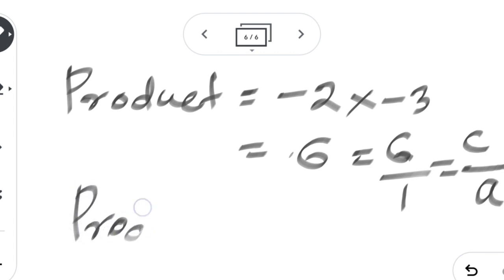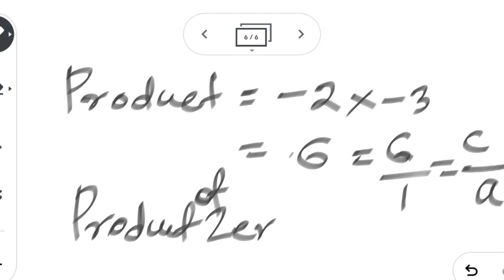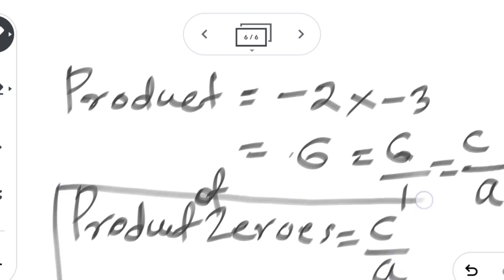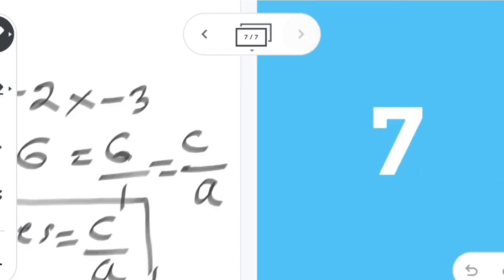Now we got the product of zeros equal to c by a. This is the second relation between zeros and coefficients of a quadratic polynomial. So what are the relations between zeros and coefficients of a quadratic polynomial?